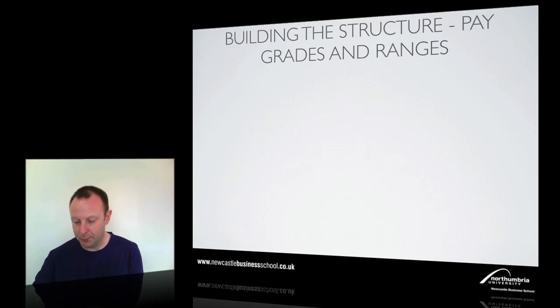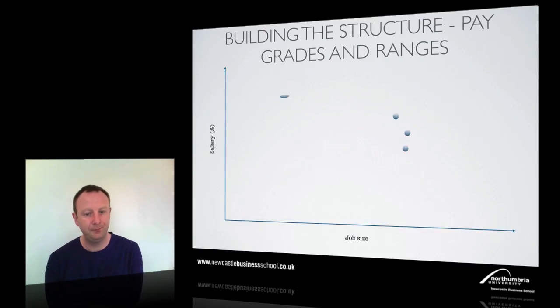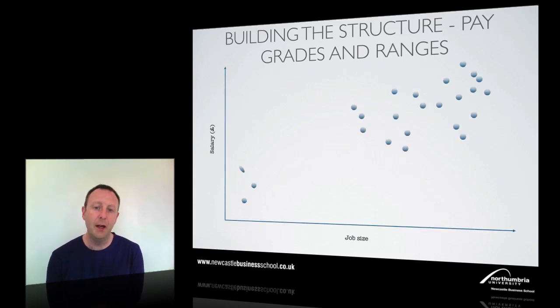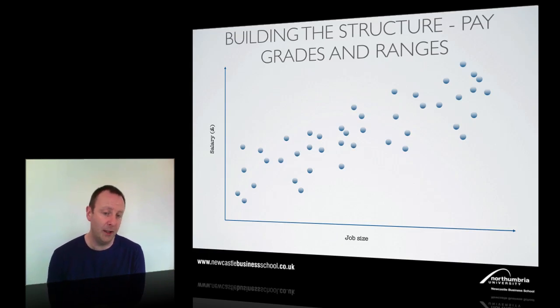So we have market data, and we can identify a market orientation towards that market data. How then do we build a pay structure from this? Well, the first thing that we do is to try and identify how our existing jobs cluster together. Because it's one thing to have a market pay line, which allows us to effectively market price approximately any job in our organisation.